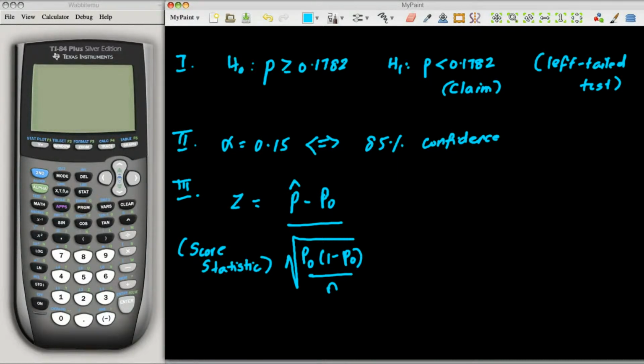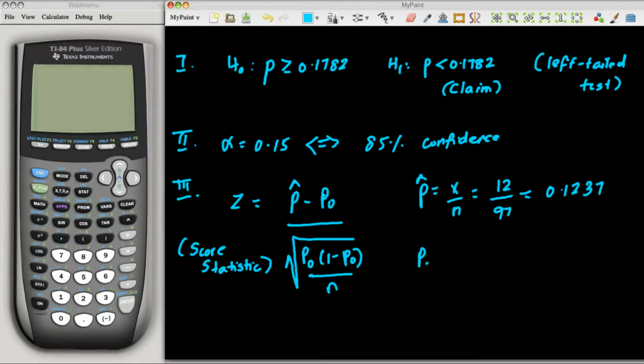P hat is the sample proportion, which is x over n, where x is the number of customers who bought bacon that was from a local farm, divided by the total number of customers. So 12 out of 97 customers purchased bacon that was from a local farm, therefore p hat is 12 over 97.